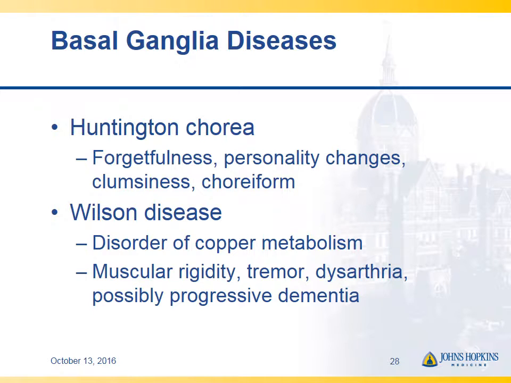In addition to the choreiform movement seen in Huntington's chorea, there's also forgetfulness, personality changes, and clumsiness. I did not mention Wilson's disease earlier, but this would be another example of a basal ganglia disease. It is associated with a disorder of copper metabolism and is characterized by muscular rigidity, tremor, dysarthria, and possibly progressive dementia.